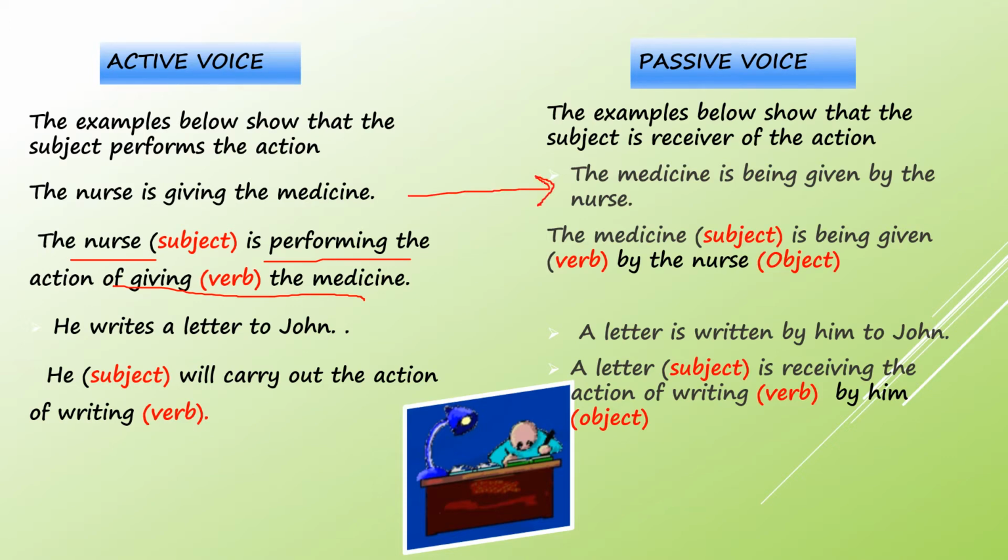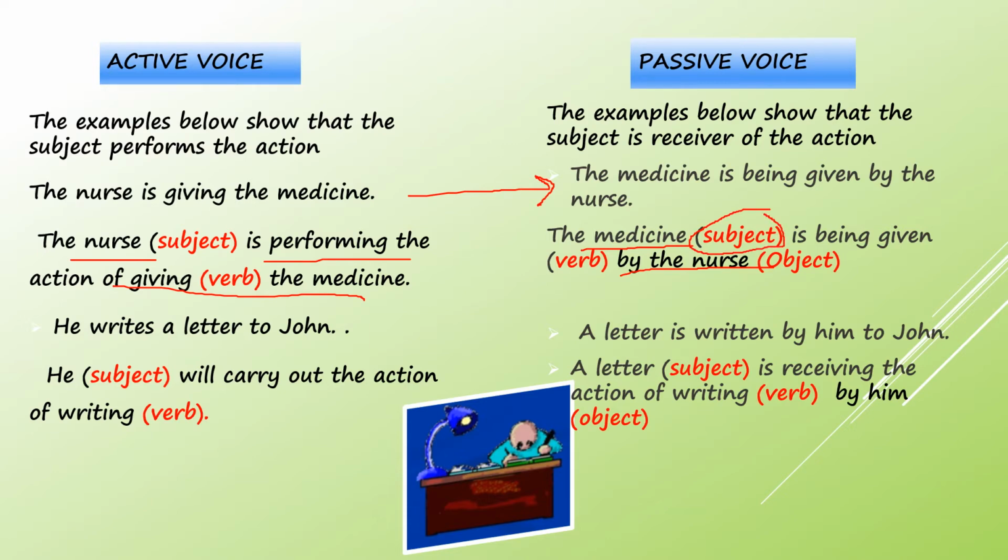The passive voice here is: the medicine is being given by the nurse. So the medicine, which is the subject, is being given, is actually receiving the action. And here who is performing the action? The object, which is the nurse. So that is why this is passive voice, since our subject is not active. Medicine is not doing any action.